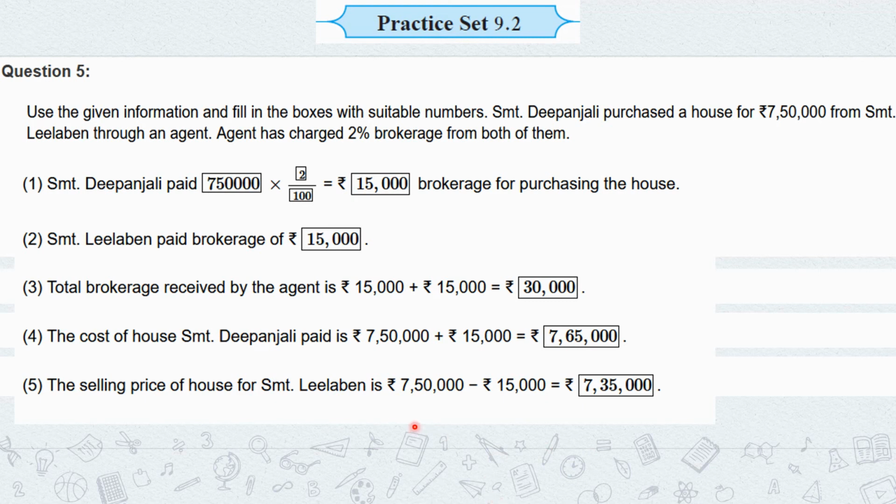So the total money received by her will be 7,50,000 minus 15,000, which is 7,35,000. So Leelaben got 7,35,000 and Srimati Dipanjali paid 7,65,000 in order to purchase the house. That's it for this video. Thank you.